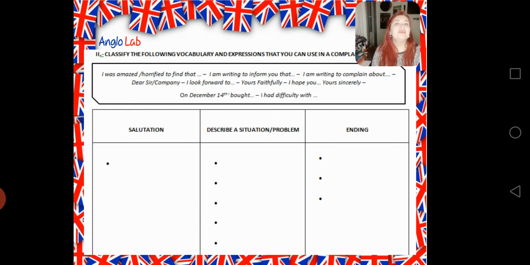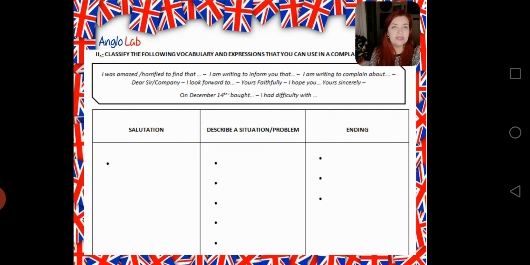In the second exercise, we have different parts of a complaint letter. What I want you to do is to classify the following vocabulary and expressions that you can use in a complaint letter. You are going to classify them between salutation, describe a situation or a problem, or ending of a letter of complaint.